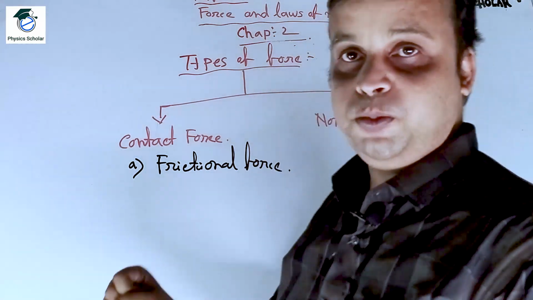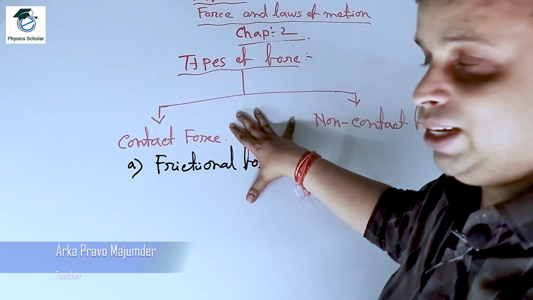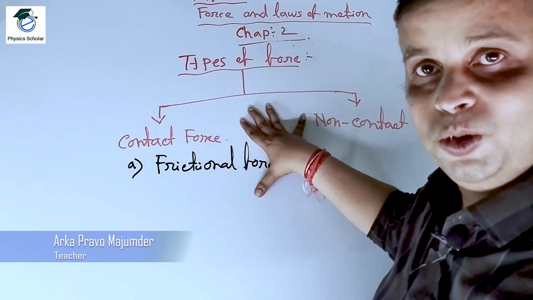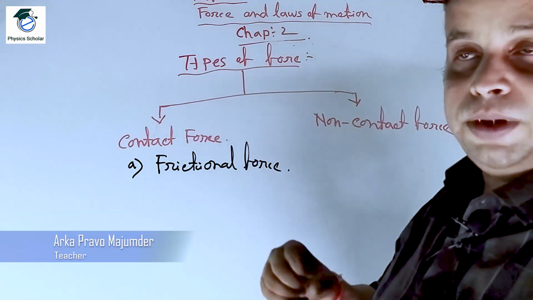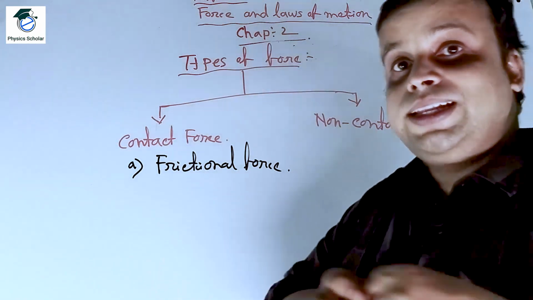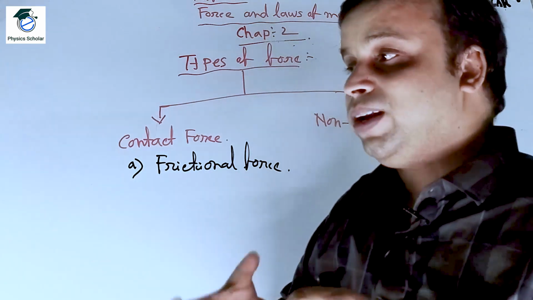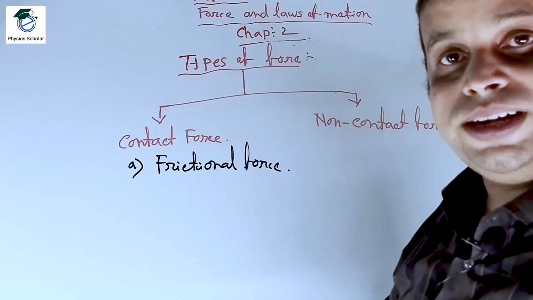Suppose push and pull. Suppose I am pushing the whiteboard. In that case I have to touch the board to apply the force. Suppose I am pulling a rope. In that case I have to hold the rope tight and then I can pull. That means I have to touch the object to apply the force. So these forces are known as contact force.